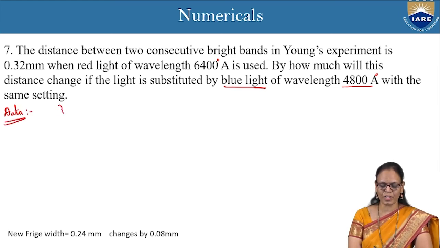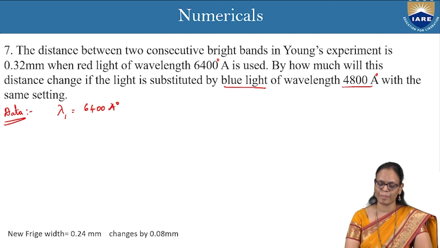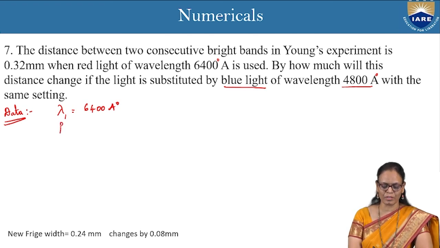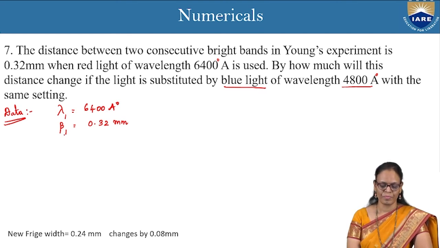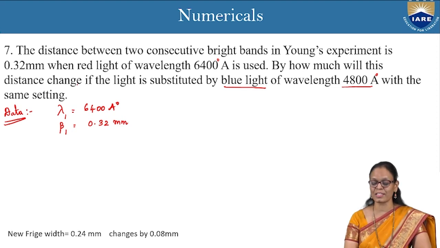We'll write lambda 1 for red light, 6400 angstrom, and beta 1, the fringe width in case of red light, is 0.32 mm. Now, by how much does this distance change if it is replaced by blue light?